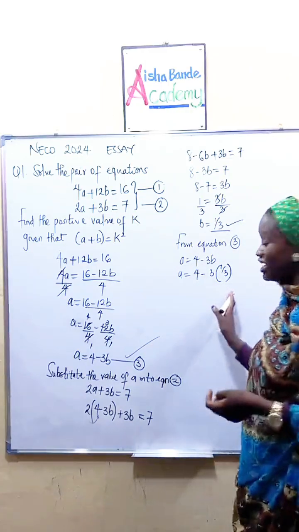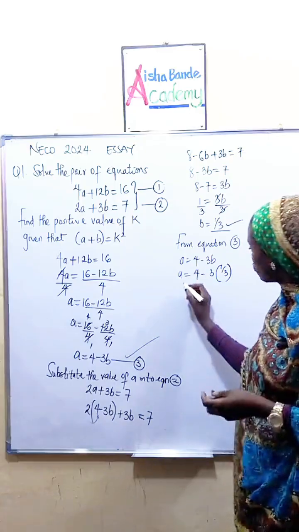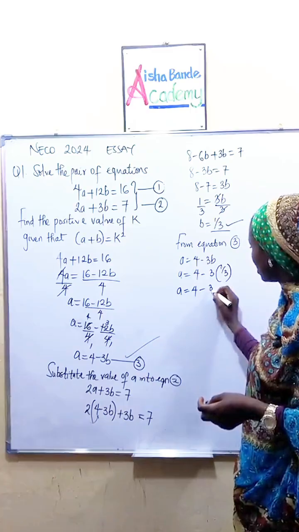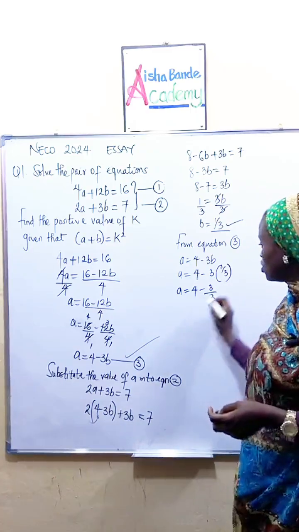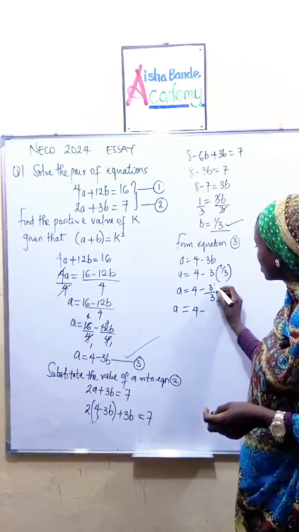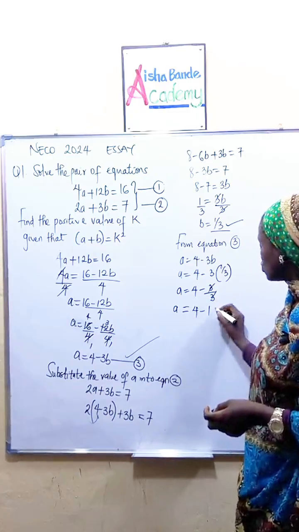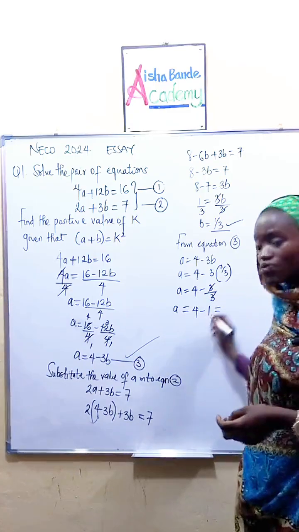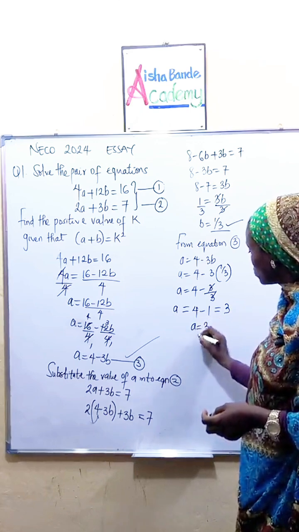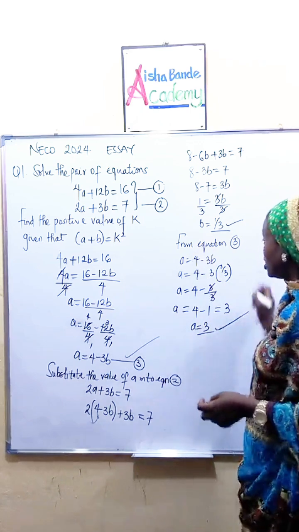So we have 3 over 3, and 3 divided by 3 is 1. So we have 4 minus 1, which gives us 3. So the value of a is equal to 3 and the value for b is equal to 1 over 3.